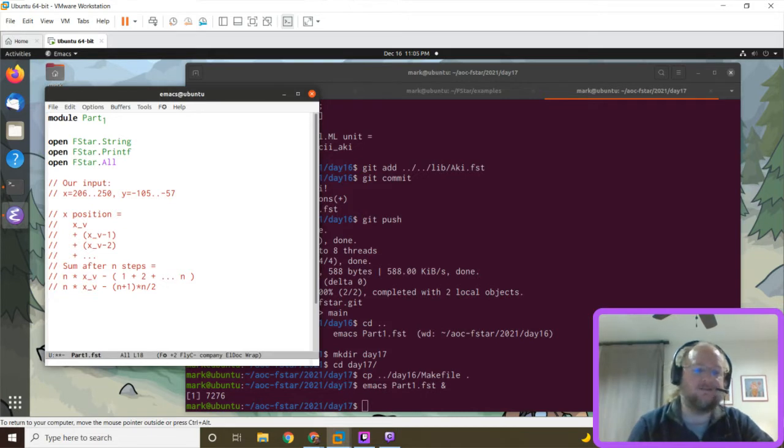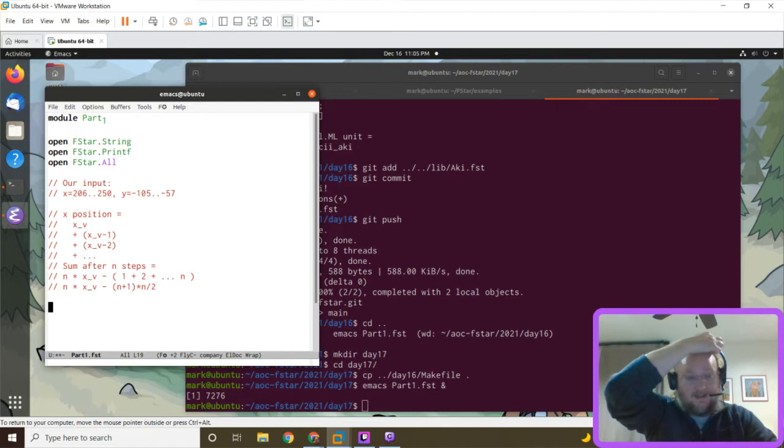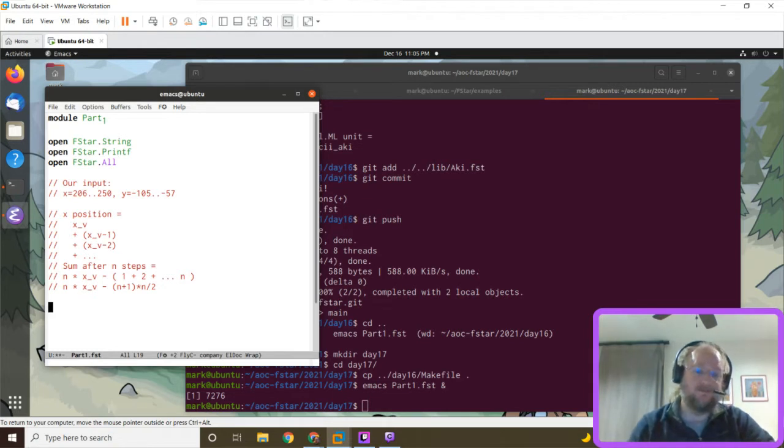Right, that's the standard formula. Okay. So that's a mathematical proof.